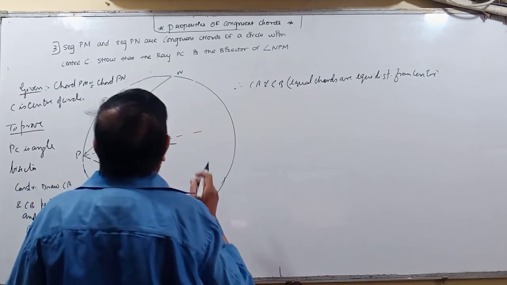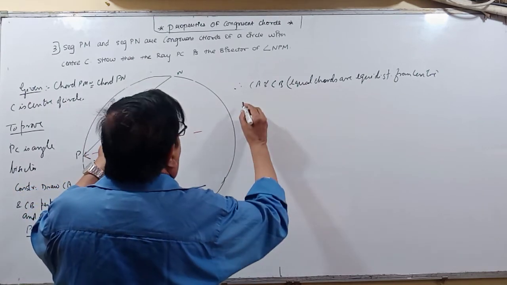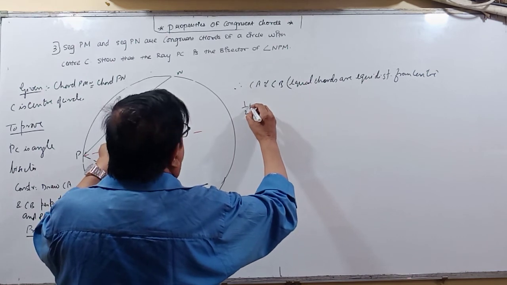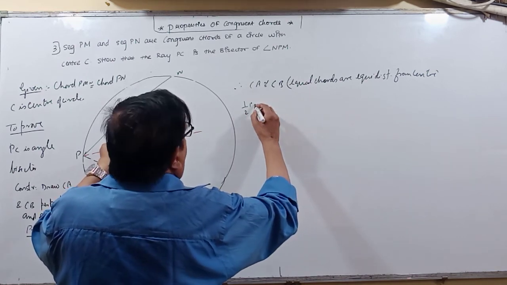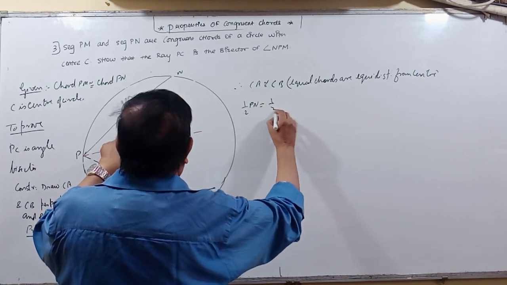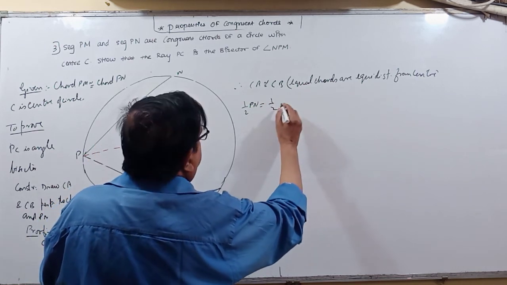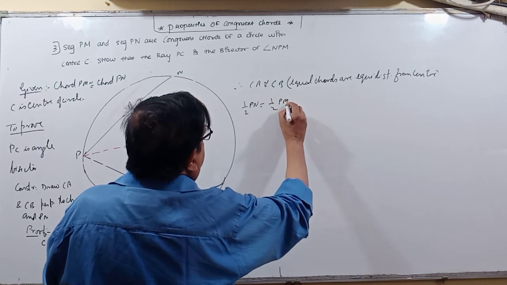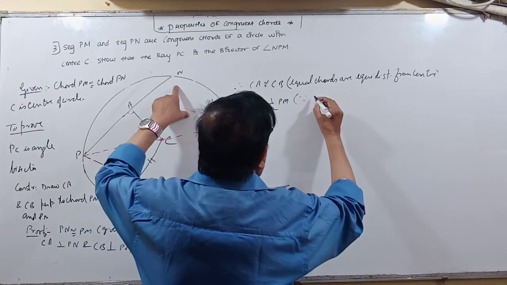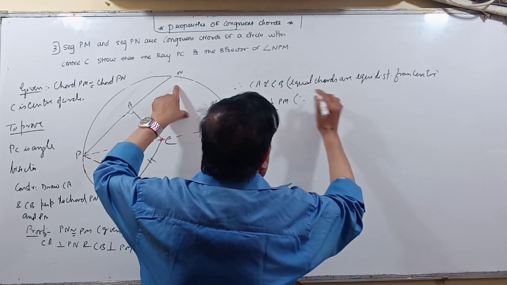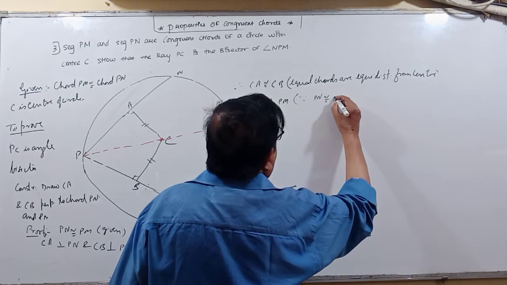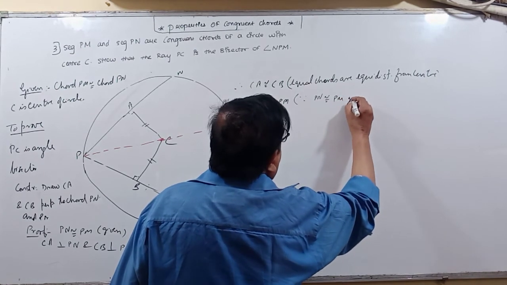And half PN equal to half PM. What is the reason? Because PN congruent to PM, given.